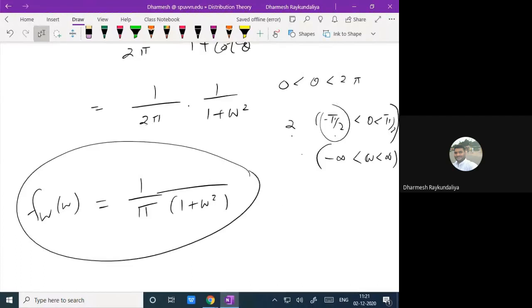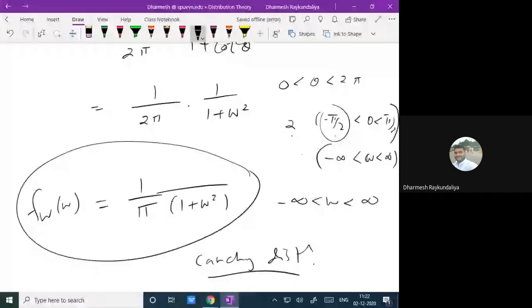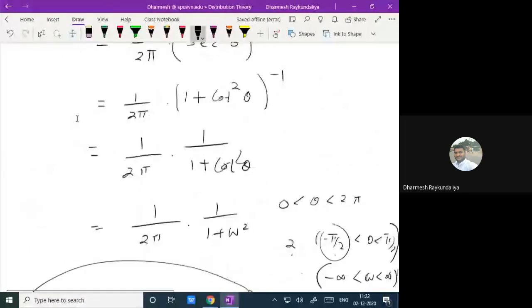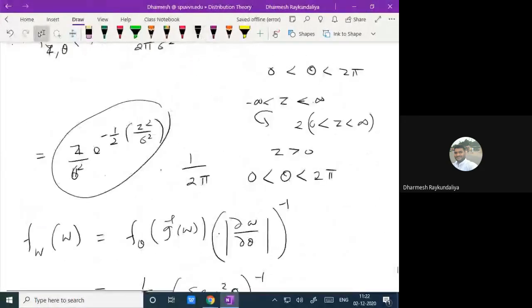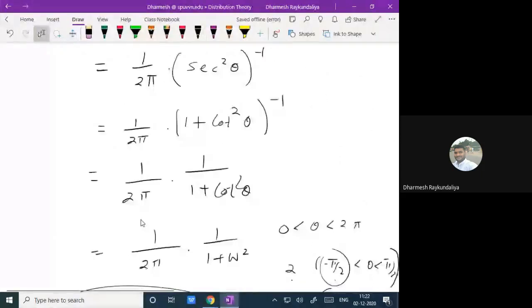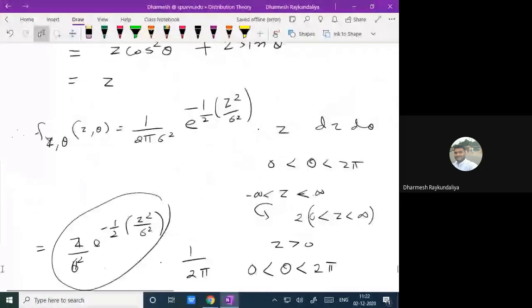And this is nothing but the Cauchy distribution, standard Cauchy. Earlier we obtained the distribution of z is Rayleigh, and here it is Cauchy. And you can say that both are independently distributed.